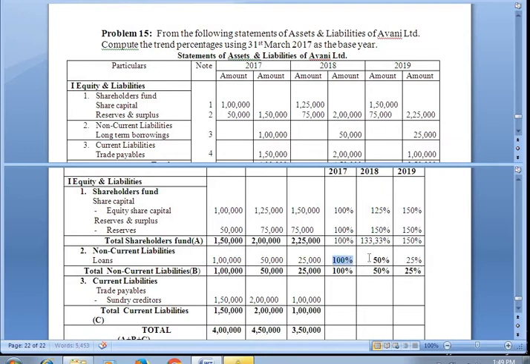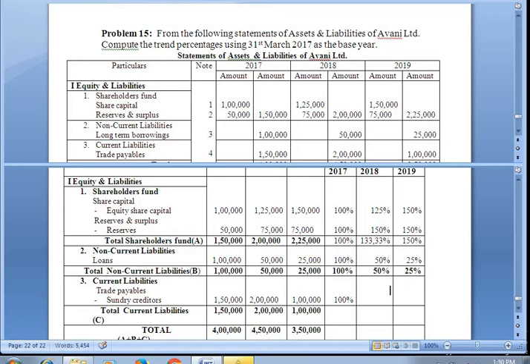After non-current liabilities, next one is current liabilities, and in current liabilities we have only one item, that is trade payables, and trade payables include sundry creditors. For the year 2017 it is 1,50,000, and it is 100% because it is the base year.